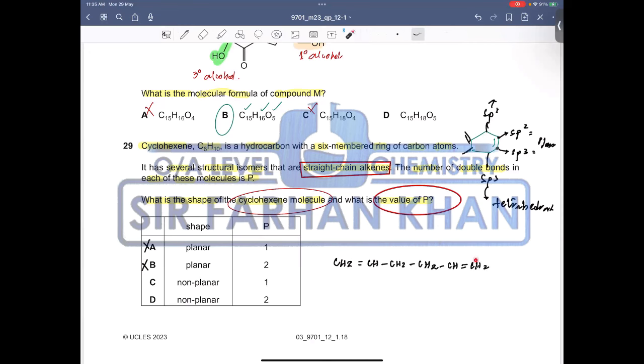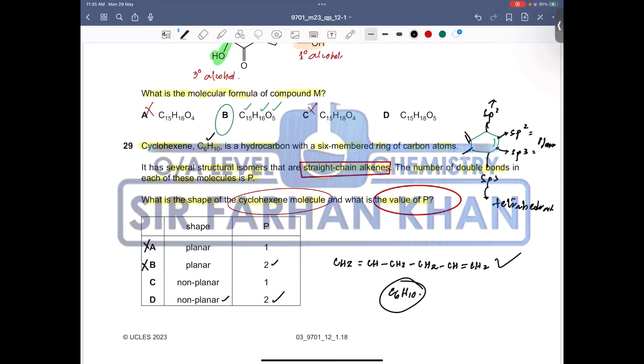I think 1, 2, 3, 4, 5, 6 carbon. How many hydrogen atoms? 2, 3, 5, 7, 8, 9, 10. 10 hydrogen atoms. So cyclohexene has a formula of C6H10, and this isomer also has a formula of C6H10, which means the straight chain alkene must contain 2 double bonds in order to get this formula, which means this value of P is basically 2.